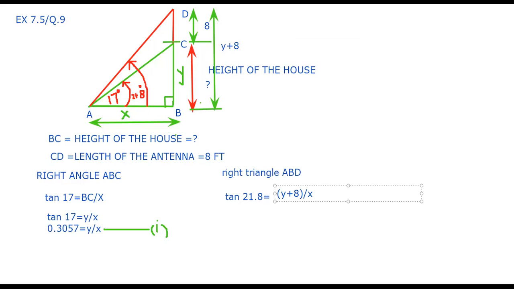And this time you will be getting tan 21.8. The value of tan 21.8 is equal to 0.39. So 0.39 is equal to y plus 8, divided by x.